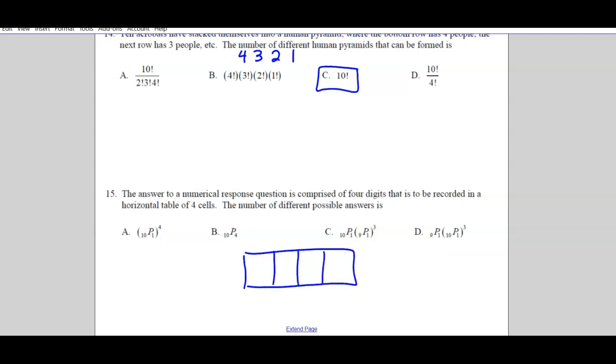And this one's good. A numeric response question on a test: the answer to a numeric response question is comprised of 4 digits. So we could have 4 digits, which is 4 boxes. Remember, you can have an answer of 0 by itself, but this says every box has to be filled. Think about some of the numeric response questions we've given.